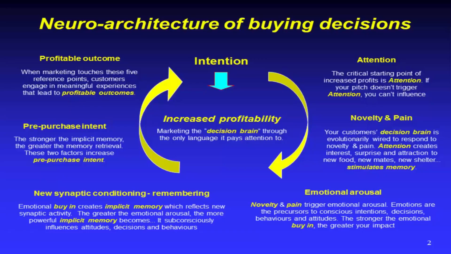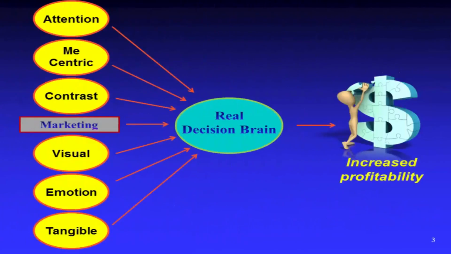Now, in terms of being able to influence the real decision brain, we've got to know which part of the brain actually makes decisions. And we've got to get your marketing to target that part of the brain through a particular language structure. That language structure involves attention-grabbing words.